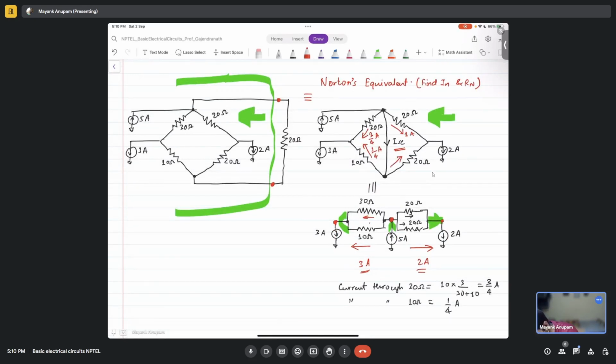This current is 1 ampere, right? So now tell me what is ISC? What is ISC now?